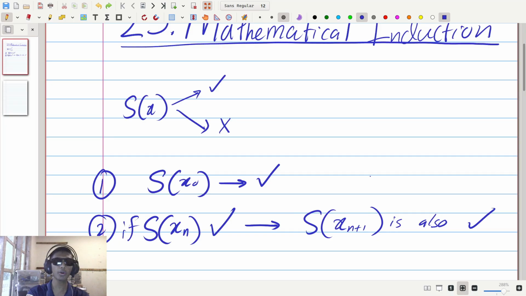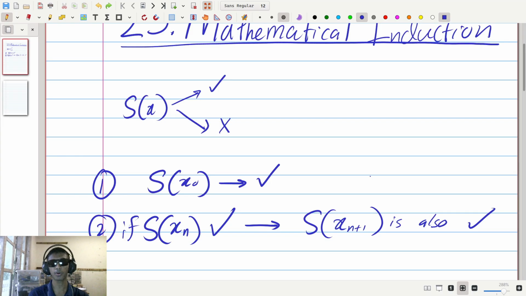It should be noted that the mathematical rule that defines x sub n plus 1 relative to x sub n can be anything. Any valid mathematically definable relationship between x sub n plus 1 and x sub n could be established in mathematical induction. However, in our A level, the most likely relationship that you will see is that x sub n plus 1 is x sub n plus 1, as in the next integer.